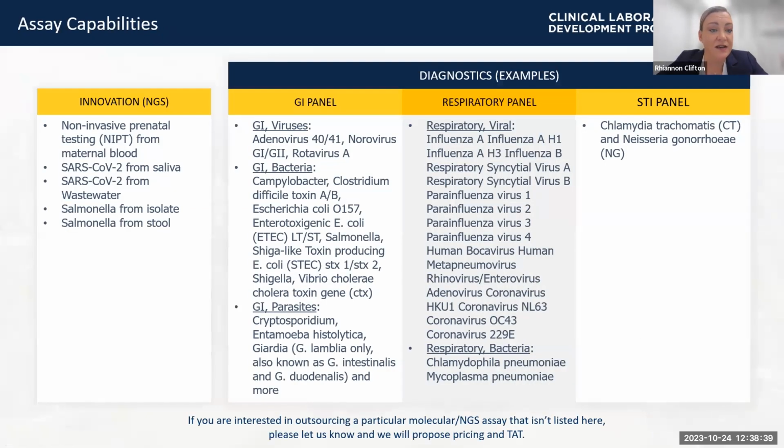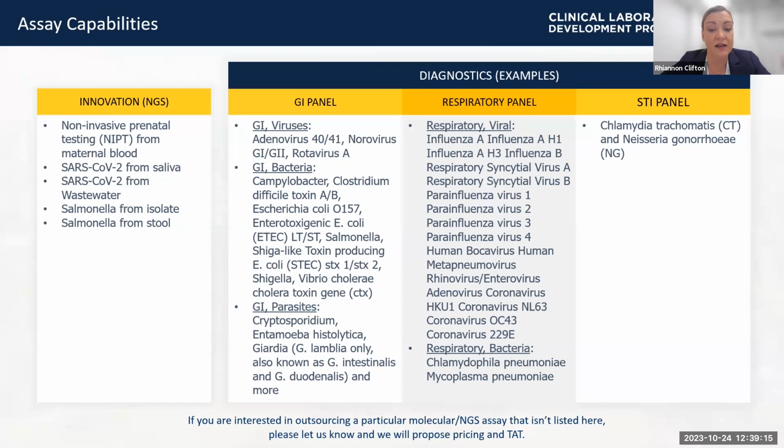This is just an example of our assay capabilities. We have GI, we have non-invasive prenatal testing, which is an area we're very interested in expanding to be able to provide that to all expectant mothers. We have respiratory and STI as well as some wastewater, salmonella, other more public health testing capabilities as well.